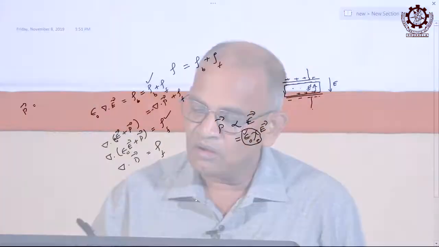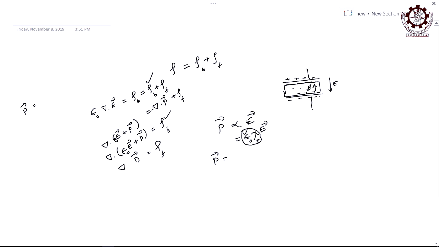Now, if I write the polarization P equal to epsilon 0 times chi times E, is this valid for any dielectric material, or is there any difference? This polarization we have considered for dielectric material only, and the polarization is proportional to E, with proportionality constant epsilon 0 chi, where chi is the susceptibility, multiplied by epsilon 0 because the equation must be dimensionally correct.